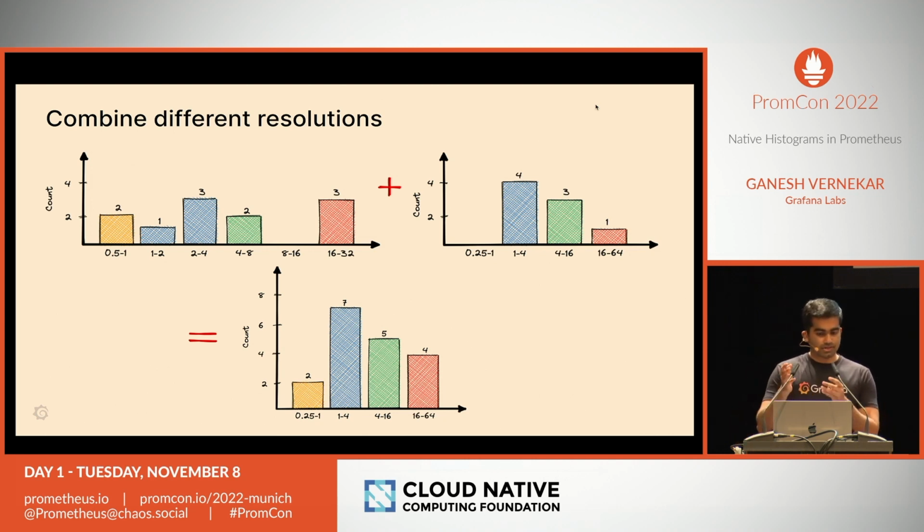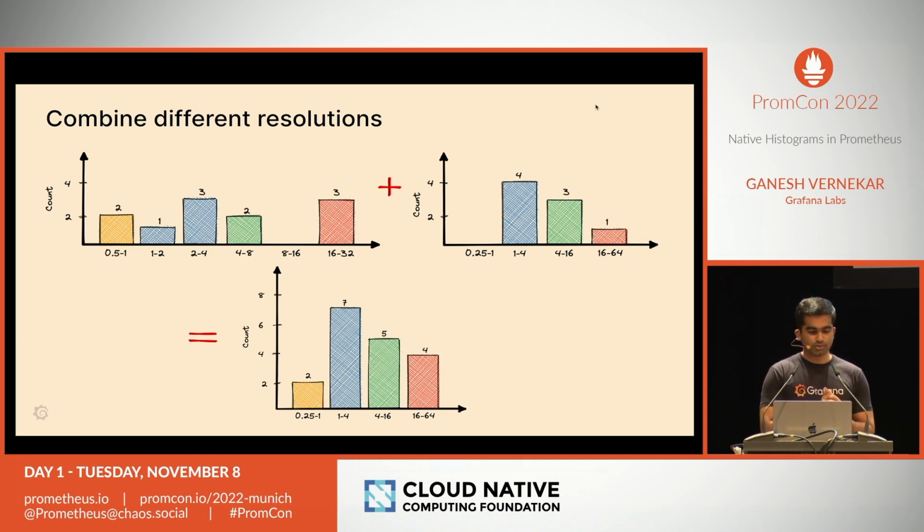But with native histograms, you can lower the resolution of a histogram which has a higher resolution and then combine it. In this example, the histogram on the top left has a higher resolution compared to the histogram on the top right. And I have color coded such that they are all on the same side.